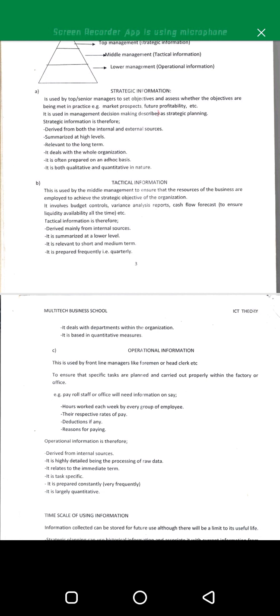It involves budget controls, variance analysis reports, cash flow forecast to ensure liquidity availability at all time. So it is middle management who use this information. People like heads of department, managers, those people. It is those people who use tactical information.